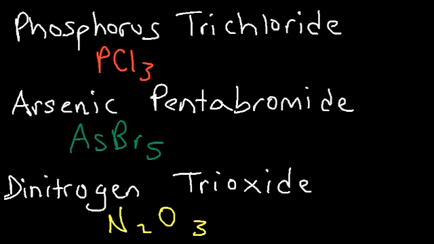So before we begin reviewing how to write formulas for ionic compounds and naming ionic compounds, let's review the monoatomic ions and the polyatomic ions. So in the first column, we have hydrogen, which has a +1 charge, lithium, which also has a +1 charge, sodium and potassium.